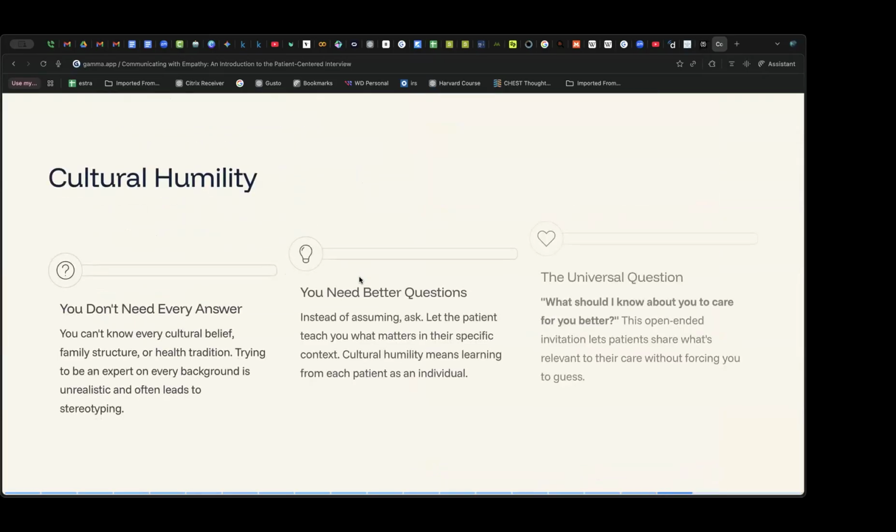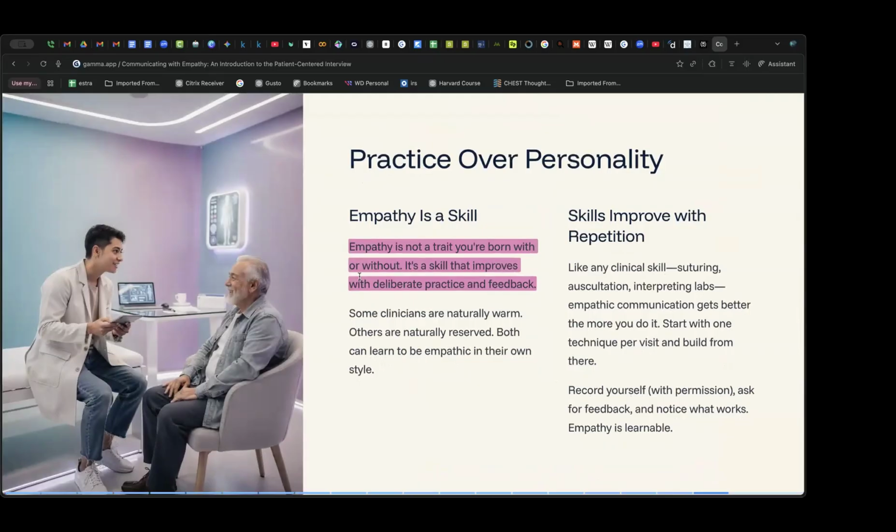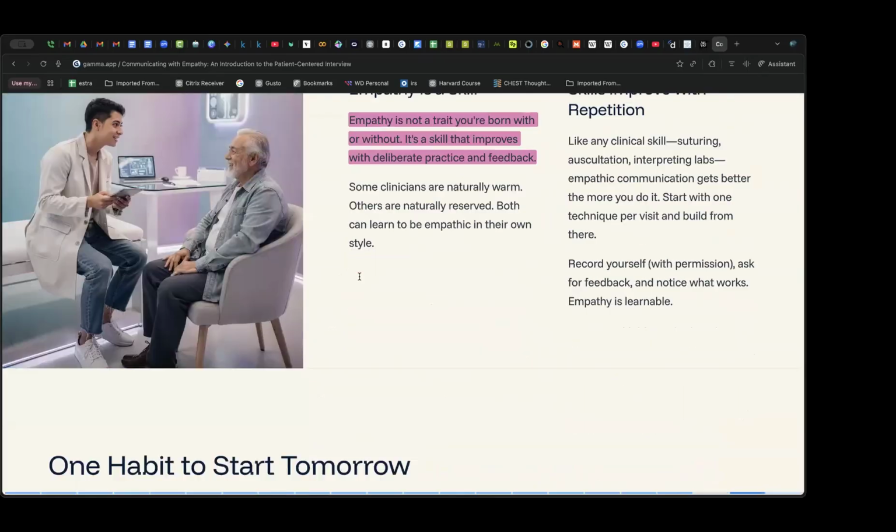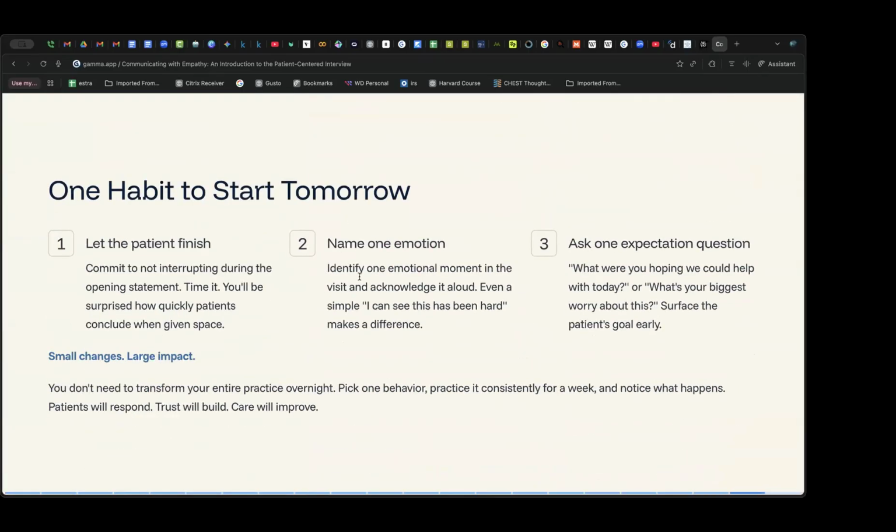So I wanted, at least with this, to give you the framework of empathy. And I think I talked about, if you practice, it's going to become your own personality. Because what do they say? Be careful of your thoughts because they become words.